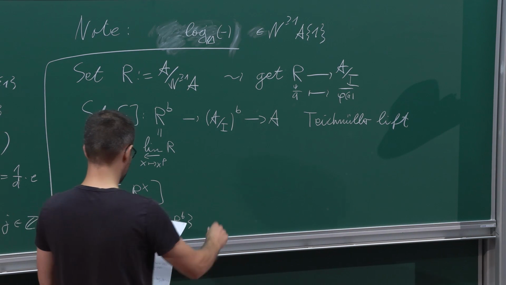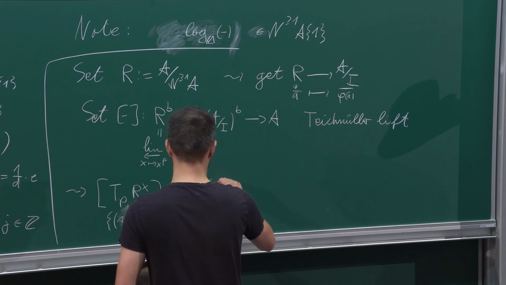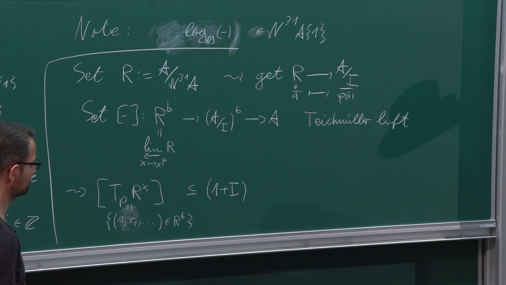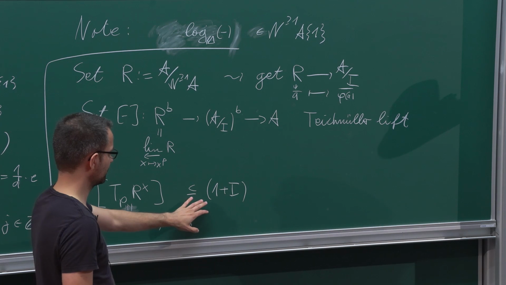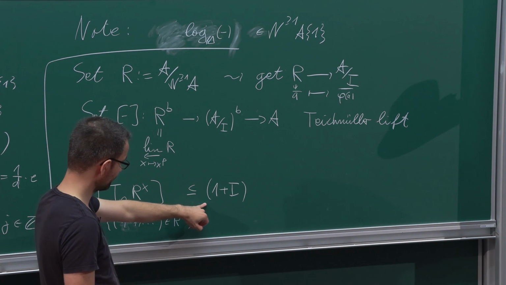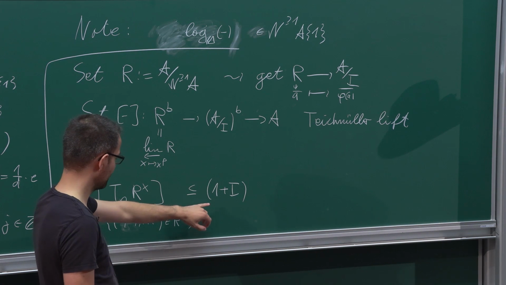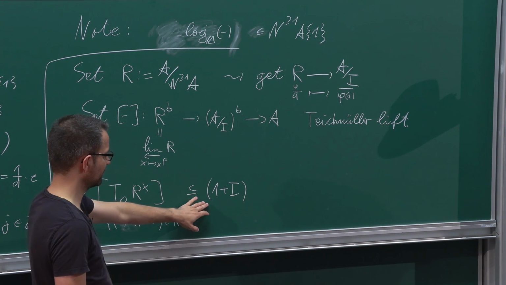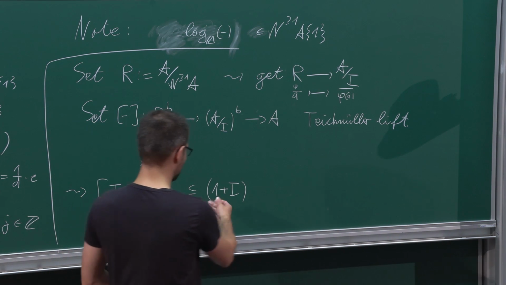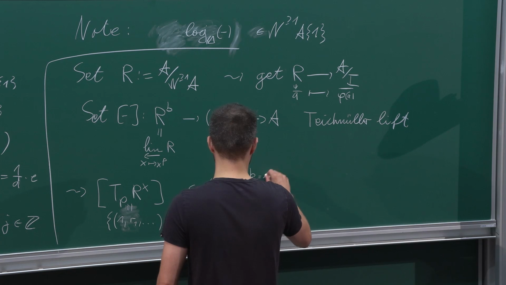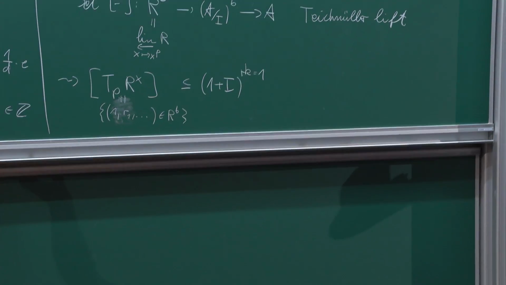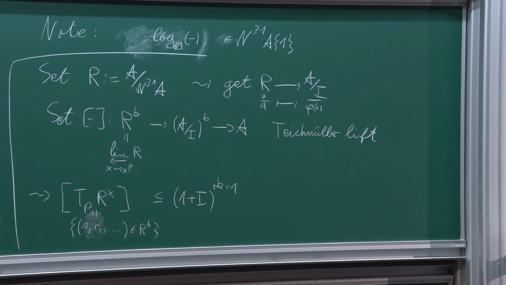So then of course this will land inside 1 plus I, right? But actually it will also admit arbitrary p-to-the-n-th roots, and this forces that these elements are of rank 1.